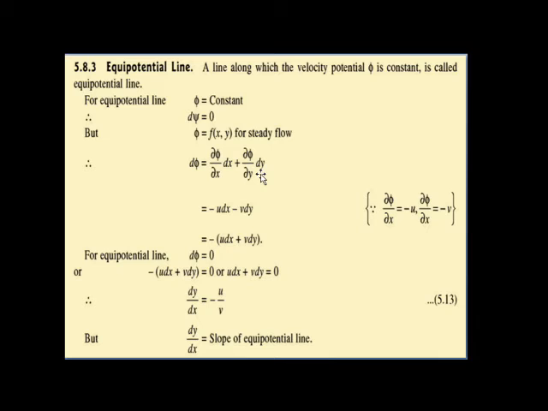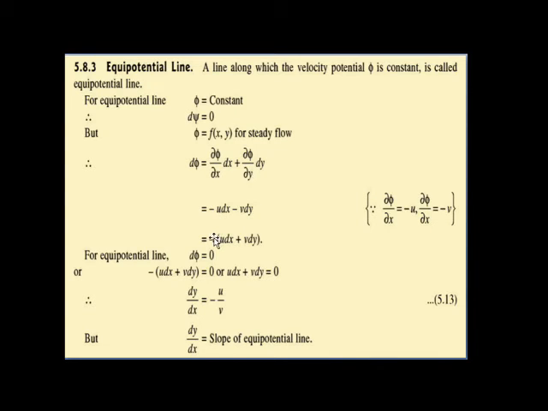The definition of the velocity potential function is the negative derivative with respect to any direction. So minus dou phi by dou x is equal to u, and minus dou phi by dou y is equal to v. If we put these values into this equation, we will get minus u dx minus v dy.